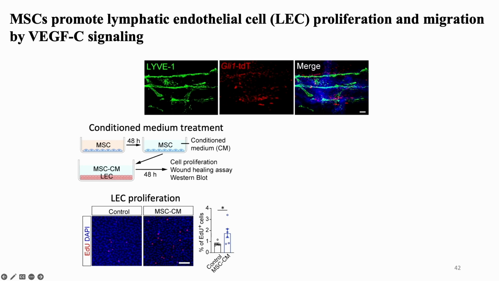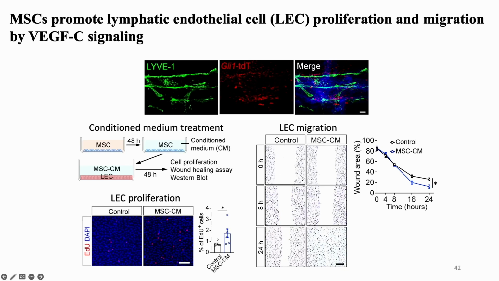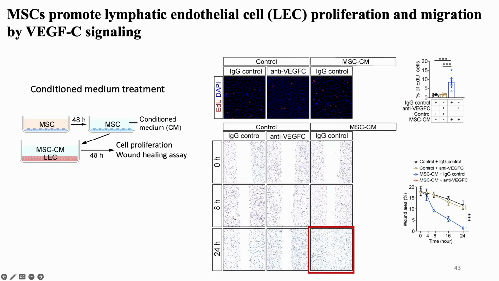And what we have learned is basically that the supernatant from the MSC culture helps to support the proliferation of these lymphatic cells, and also supports the migration of these lymphatic cells. If you do the scratch assay, the lymphatic cells can migrate much faster.